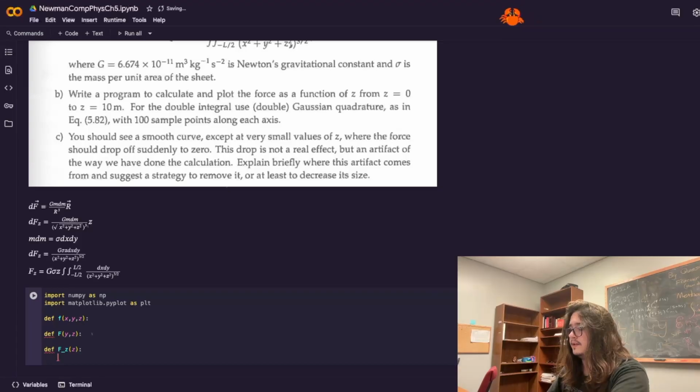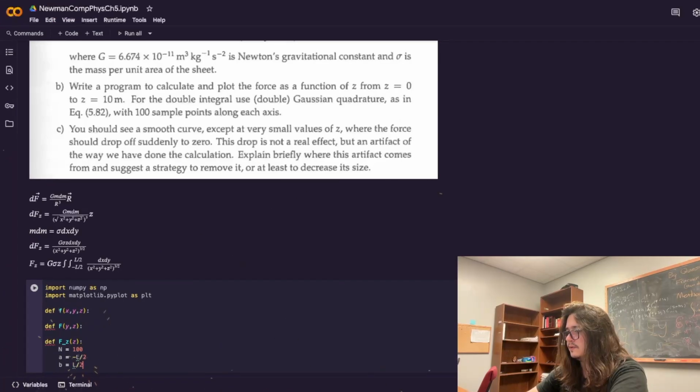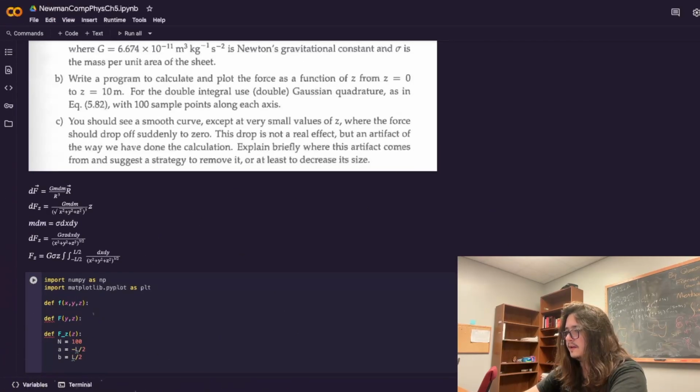For the Gaussian quadrature, we have to set up n equals 100 sample points. We need the bounds, a equals minus L over 2, b equals L over 2, and then x, w equals gaussxw of n.